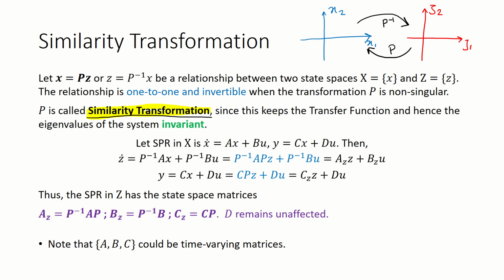So how are the state space representations in X and Z related? What we mean to say is, if in X we have A, B, C, D matrices defining the representation, and in the Z space we have, suppose, AZ, BZ, CZ matrices defining that representation, then how are A and AZ related, B and BZ related, C and CZ related?